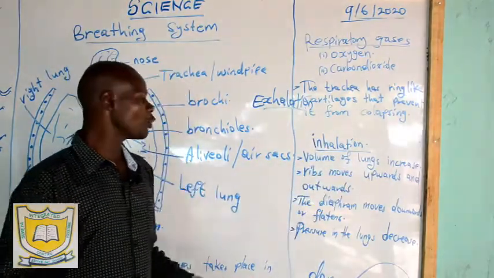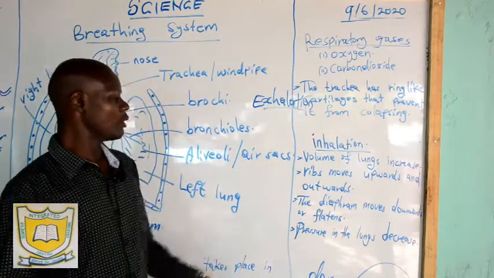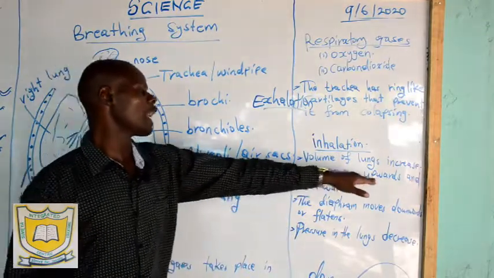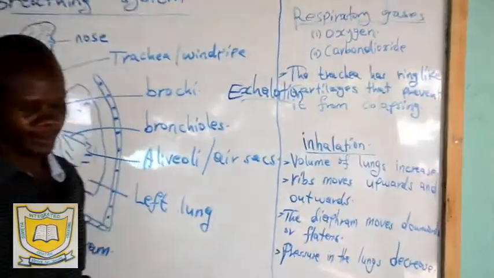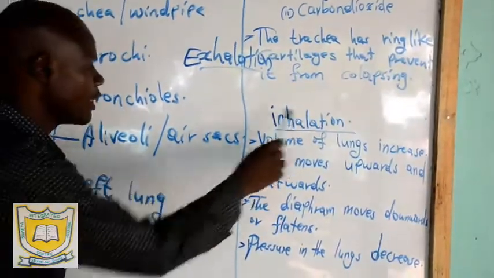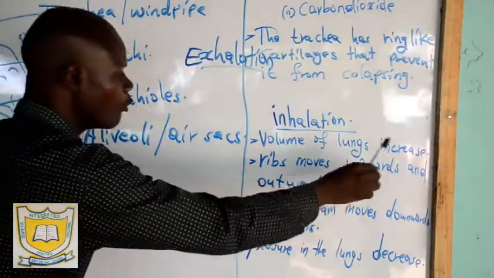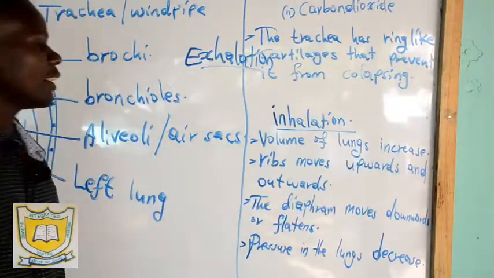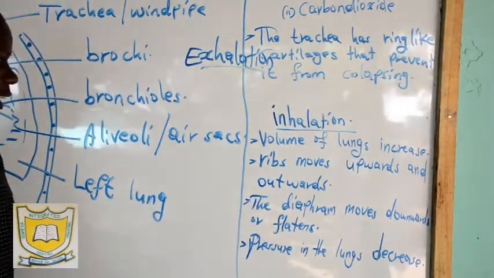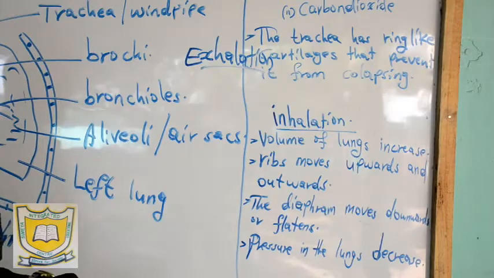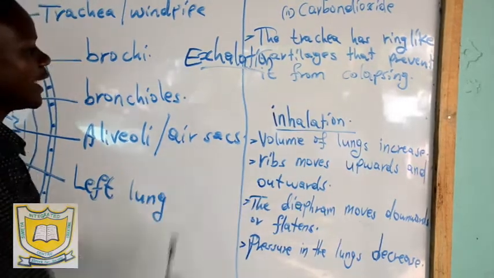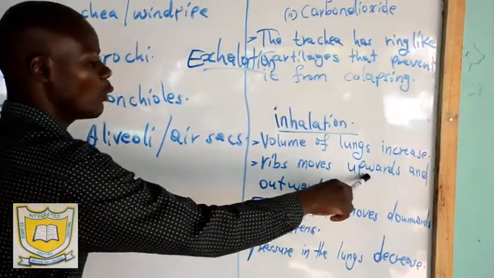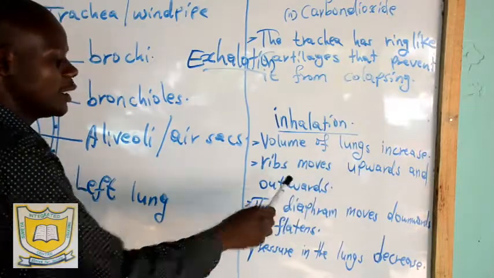It is now opposite when you breathe out. When you breathe out, the ribs will move downwards and inwards. That is, as you breathe in, the ribs move upward and outward, but when you breathe out, it is opposite. The rib cage will move downward and inward.